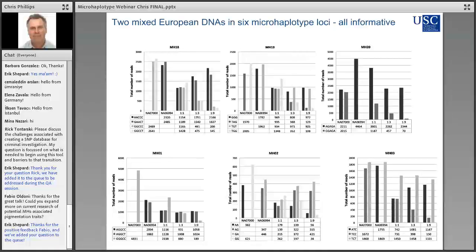So that factors into the interpretation of the patterns. I would challenge the idea that this is fully quantitative, because the read ratios in normal heterozygotes do differ, and so that's really a factor that should be considered when we're looking at mixtures. And it's by no means the case that you get perfect balance in heterozygotes, even in normal DNA.